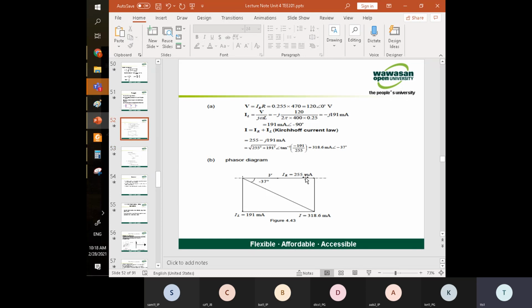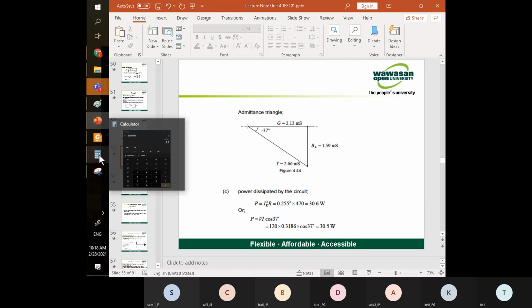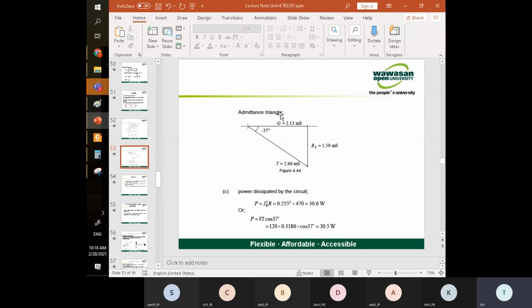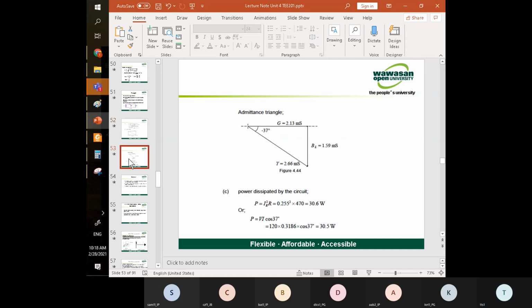So the reciprocal is this value, 1 over 255. This is G. Just not the R. Oh, 255, right? Wait, let me see. G.